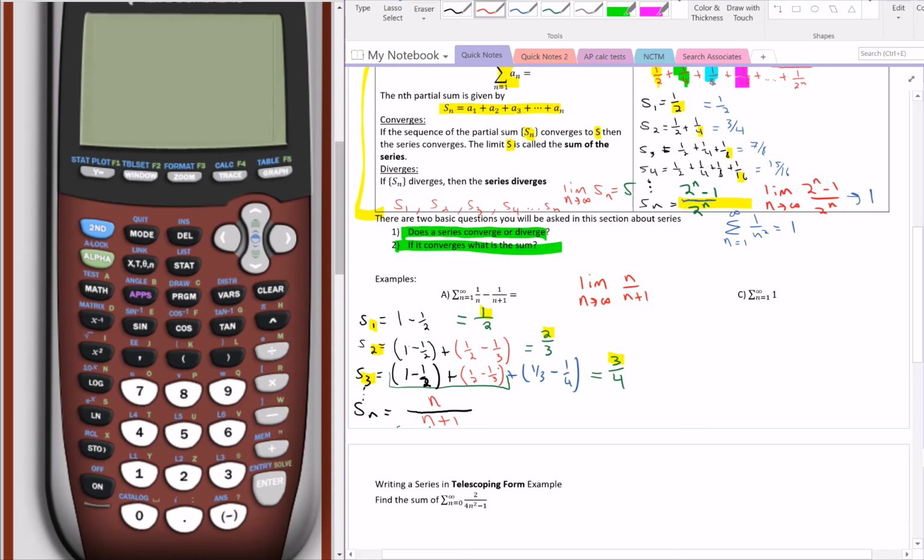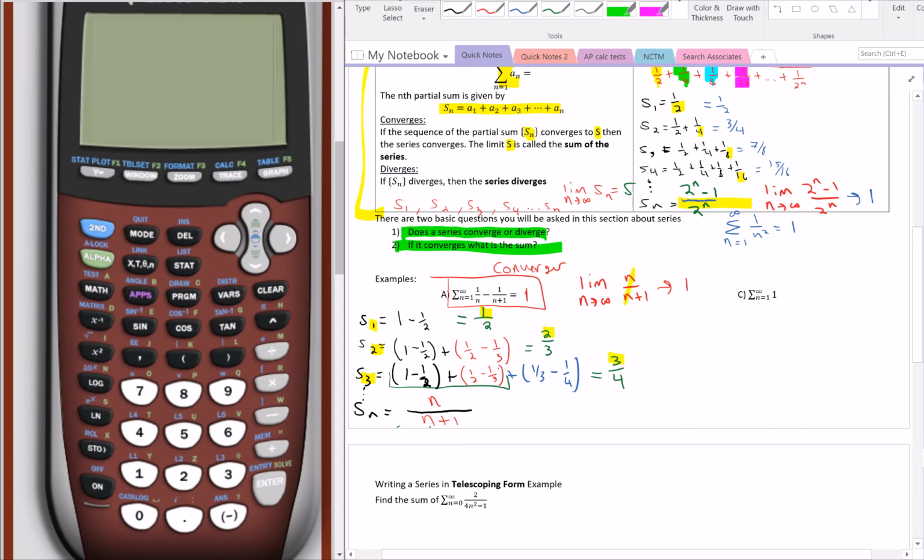And you can see that using behavior modeling, you can basically just look at these two. This is going to go to 1. And so since the limit of the nth partial sum goes to 1, this whole series goes to 1, right? The sum of the infinite series is 1. And so again, this series converges. So we'd say it converges to 1.